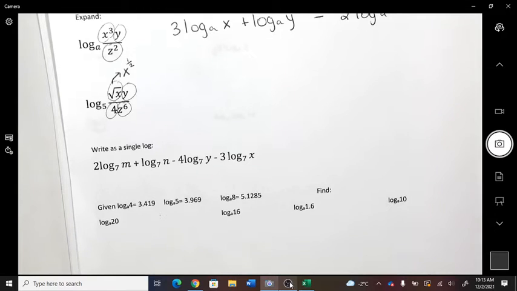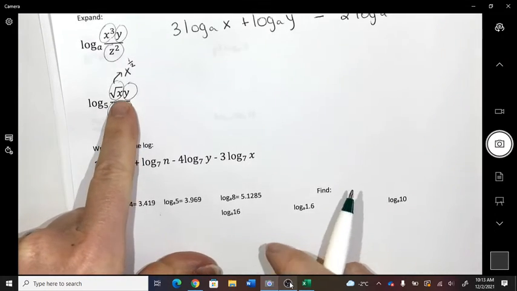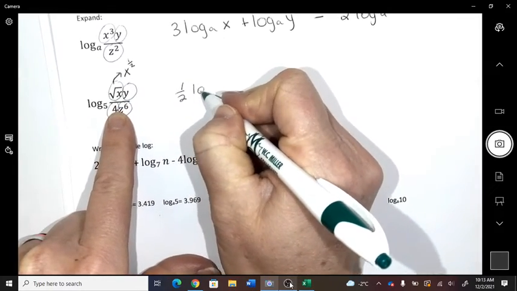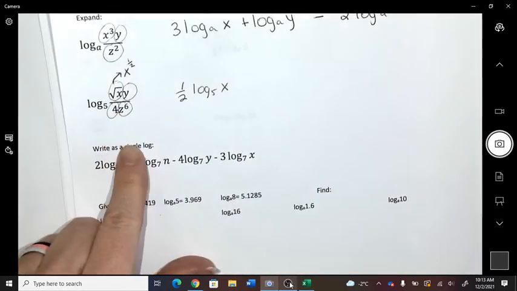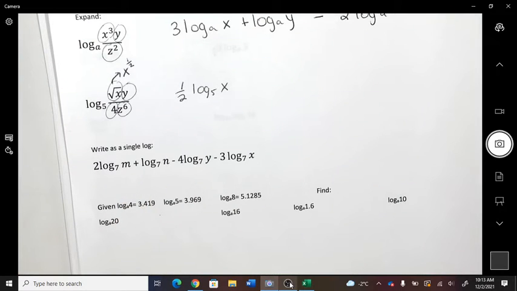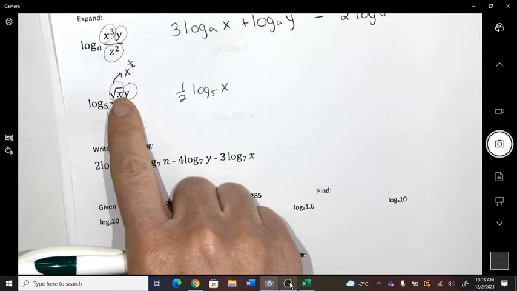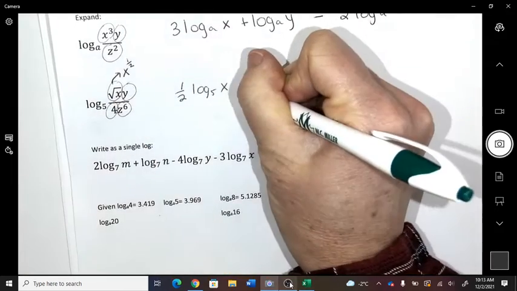Okay, ready? So the first is going to become 1/2 log 5x, because exponents become multipliers. The y, that was connected with multiplying, so now I'm going to add it.